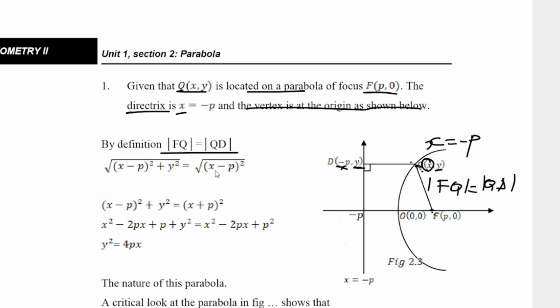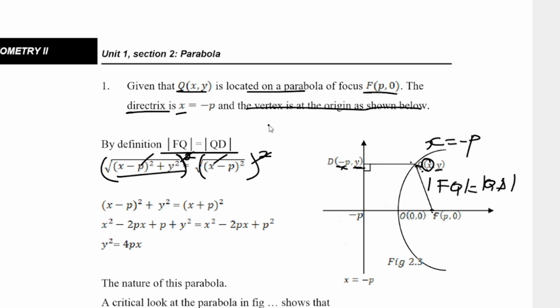So using the distance formula, we have the square root of (x minus p) all squared plus y squared equals (x plus p) all squared. Don't forget that F and Q are represented with coordinates.